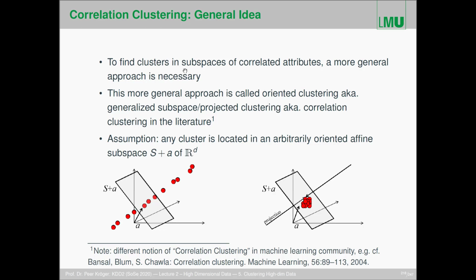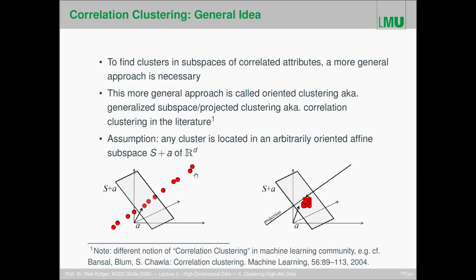To find clusters in subspaces of correlated attributes, meaning in arbitrarily oriented subspaces, a more general approach is necessary. The basic assumption is that any cluster is located in an arbitrarily oriented affine subspace S plus a of the d-dimensional space. So that is a here, so the subspace needs not go through the origin. And S is actually the subspace here, S defines this hyperplane.